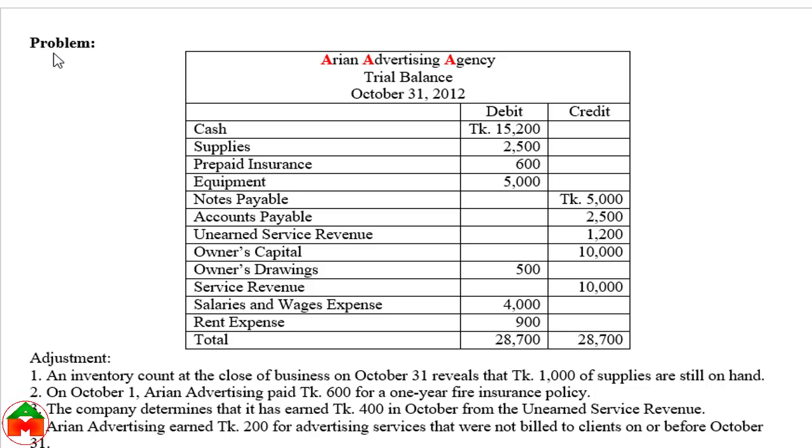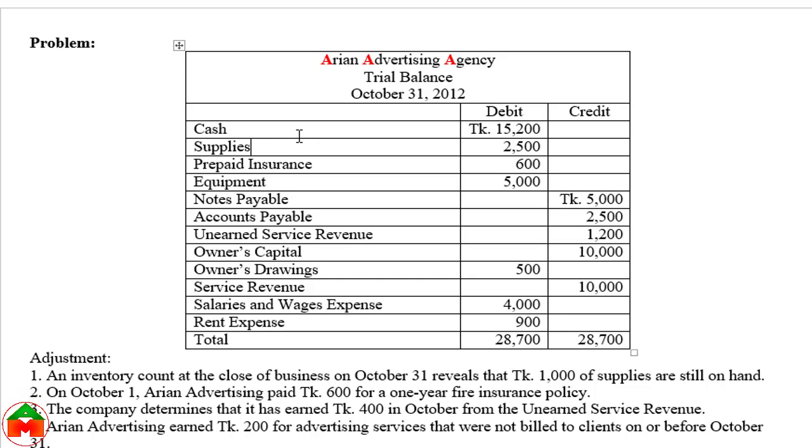Now we are going to see the practical adjusting entries, how to prepare adjusting entries from a trial balance. Here we can see there is a trial balance with some ledger accounts with their balances.